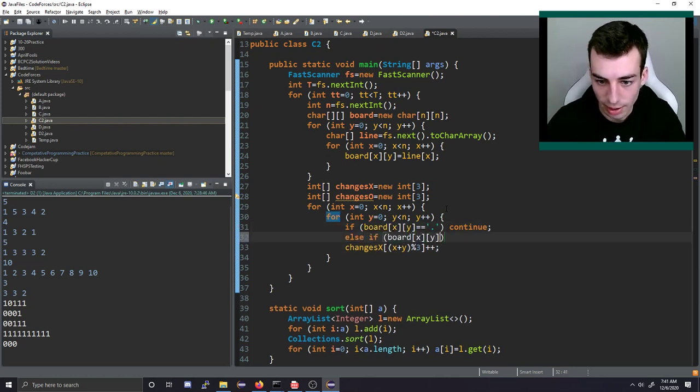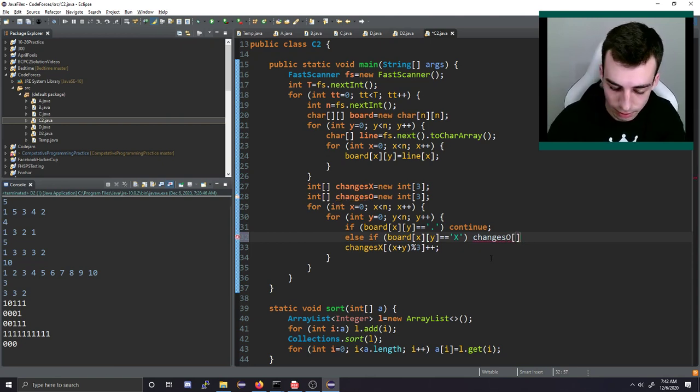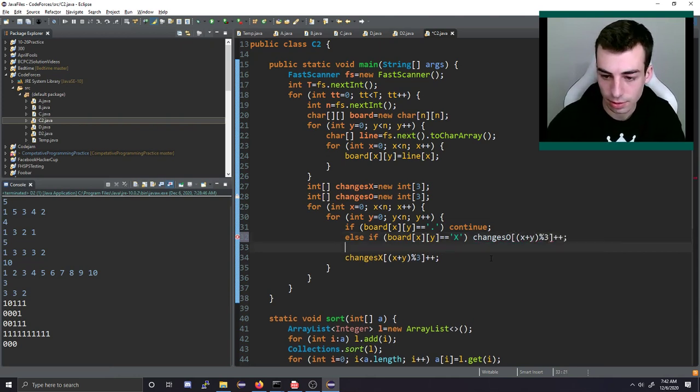Otherwise, if board at x, y equals a capital X, and changes O at (x plus y) mod 3, plus plus.